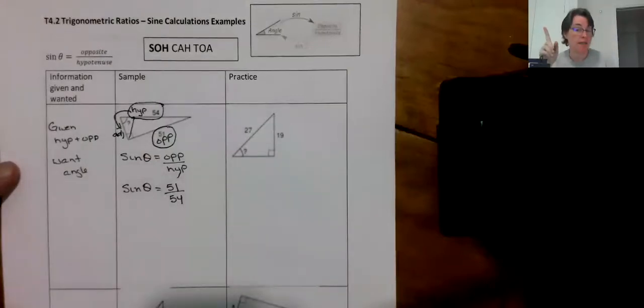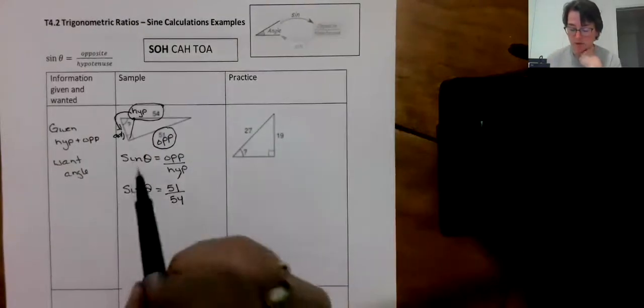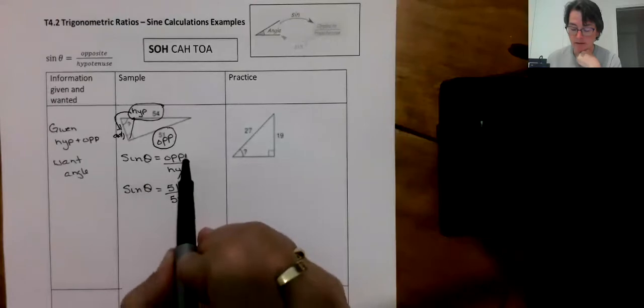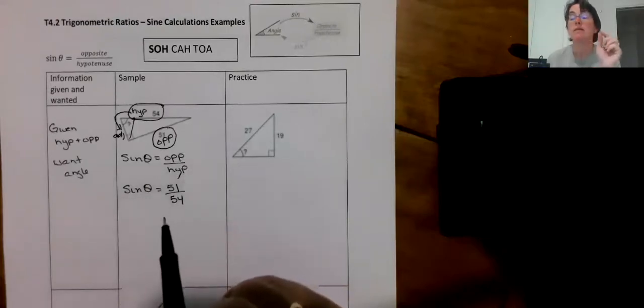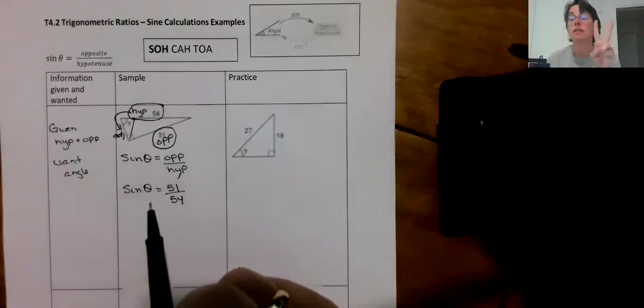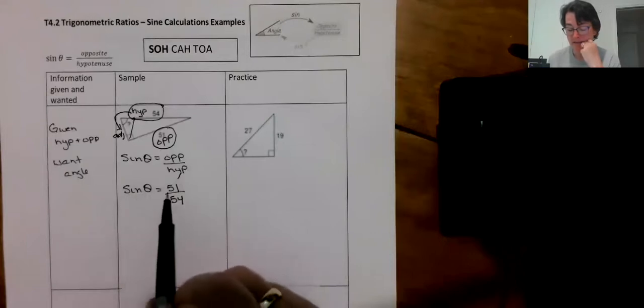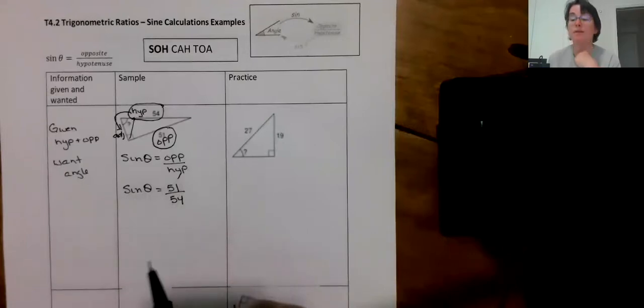Two checkpoints right now. Number one, there's basically three parts in our formula: the angle, the opposite, and the hypotenuse. If you solve an equation and there's three parts in it, you need to know two to solve it. So if I have sine theta is 51 over hypotenuse and I don't know that number, then I am not using the right formula.